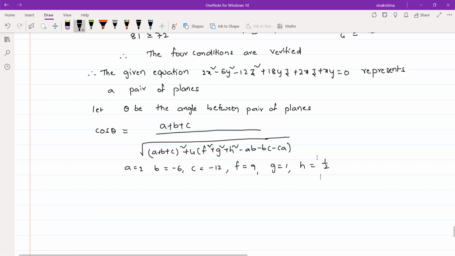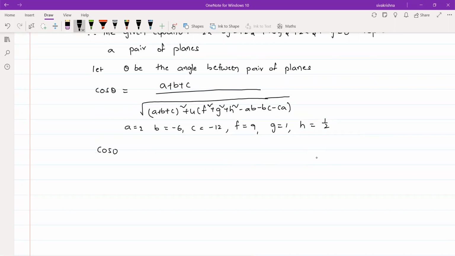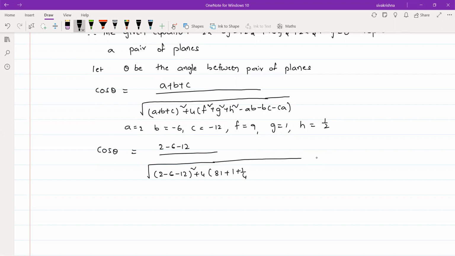Now we have to substitute these values in the above formula, so that cos theta is equal to a plus b plus c, means 2 minus 6 minus 12, by square root of a plus b plus c whole square, means 2 minus 6 minus 12 whole square, plus 4 into f square is 81 plus g square is 1 plus h square is 1 by 4, minus ab, so a is 2 into b is minus 6, minus bc, so b is minus 6 into c is minus 12, and minus ca, so c is minus 12 into a is 2. I have substituted all the values in the formula.